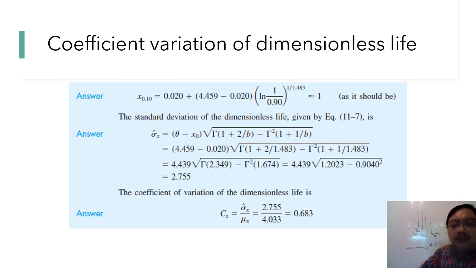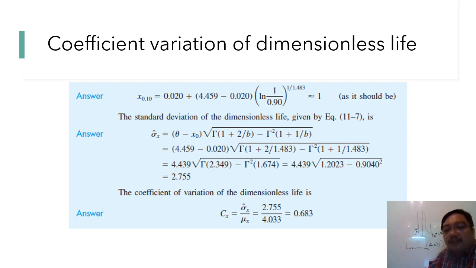The coefficient of variation of dimensional life: this is the standard deviation of dimensional life. This is given by an equation, and you get the coefficient of variation of dimensional life as 0.683. How you can do this question is you trace back the numbers.